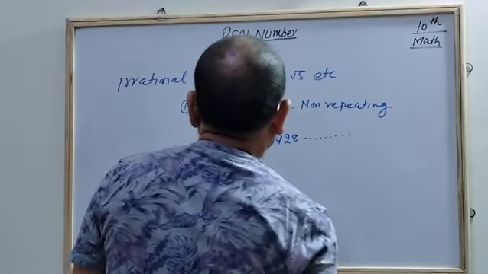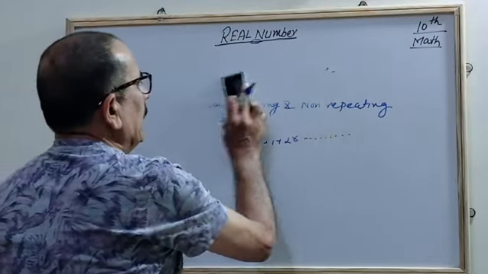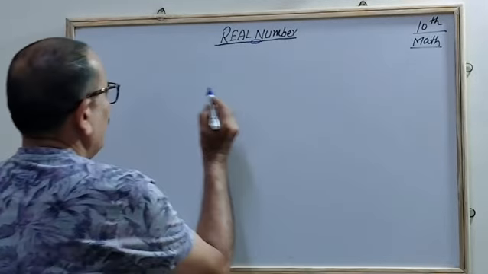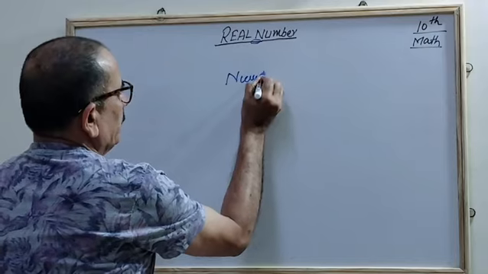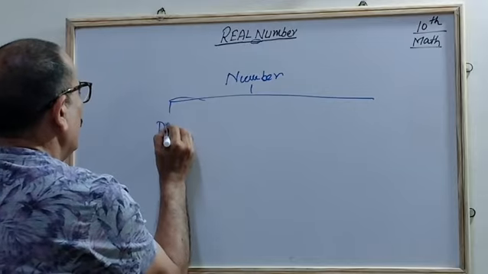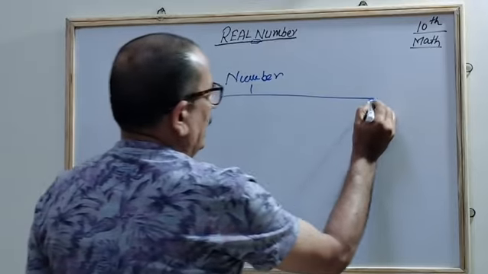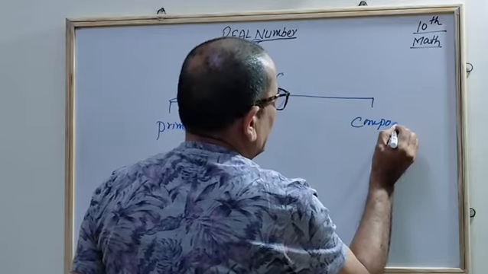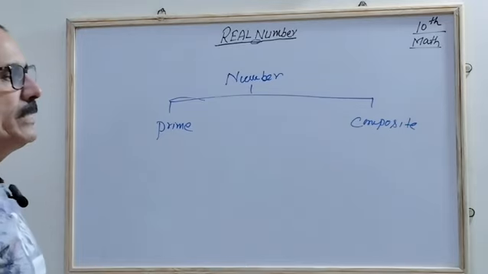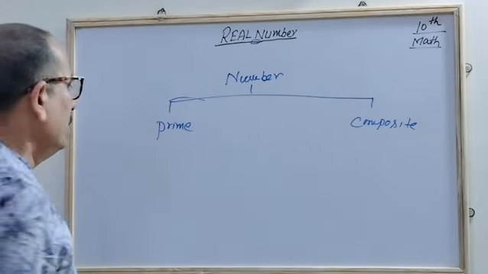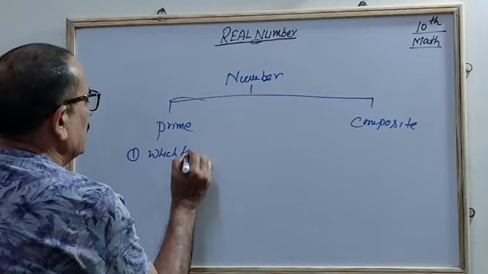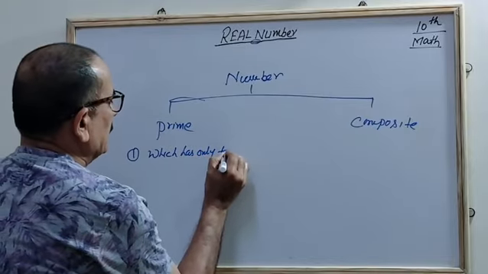Now there is another way of dividing the numbers. The numbers can be divided in a different way also, that is called prime numbers and composite numbers. Prime and composite, correct? How to find out which is prime and which is composite? A prime number is one which has only two factors.